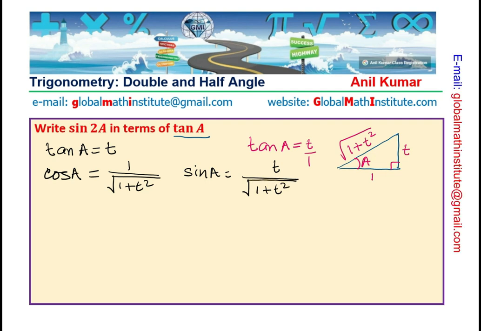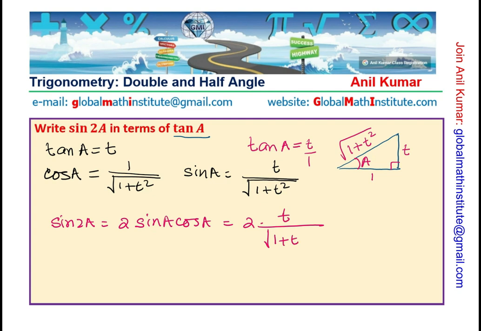Perfect. Now with that, we get what is sine 2a, right? What is sine 2a? Sine 2a is 2 sine a cos a. So we can substitute the value 2 times sine is t over square root of 1 plus t square, and cos is 1 over square root of 1 plus t square.